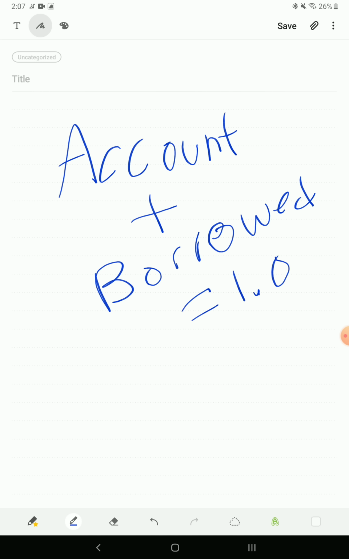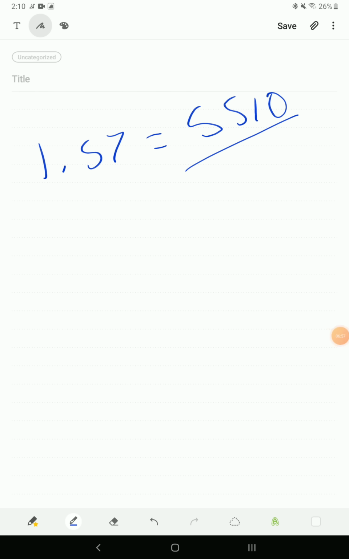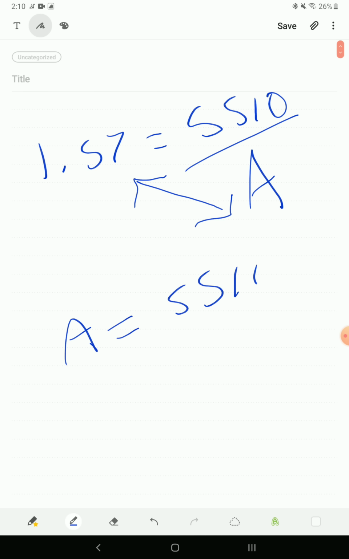And we can easily figure out what number this needs to be at in order for you to not get liquidated. So if you take, for example, this right here, where this number is A, if you swap that, A would be equal to 5510 divided by 1.57.